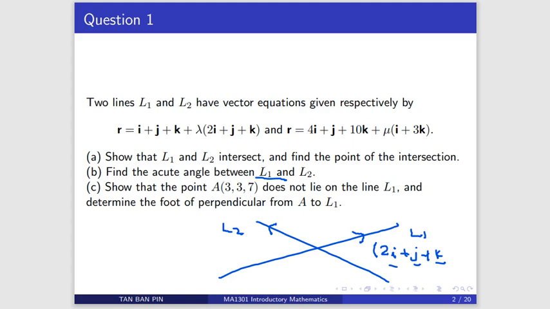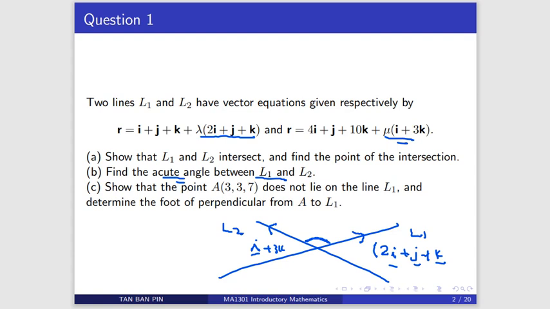Then for L2, the direction vector i plus 3k is pointing this way. Then the angle between the direction vectors will be an obtuse angle, and it will give you an obtuse angle if you just take the two direction vectors of the lines and find the angle between them.